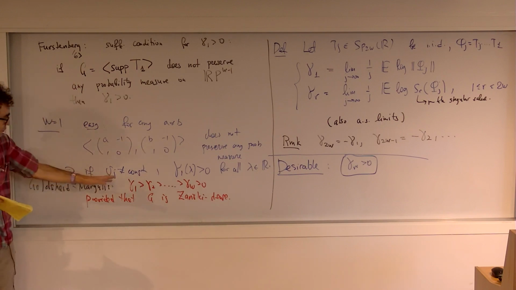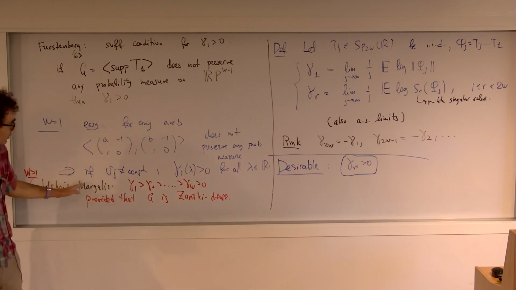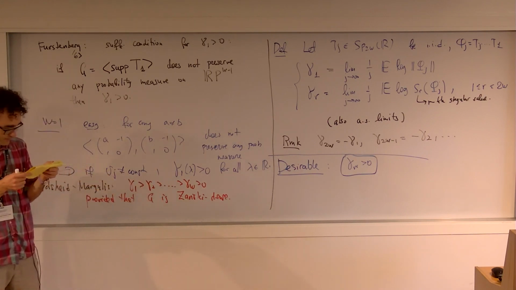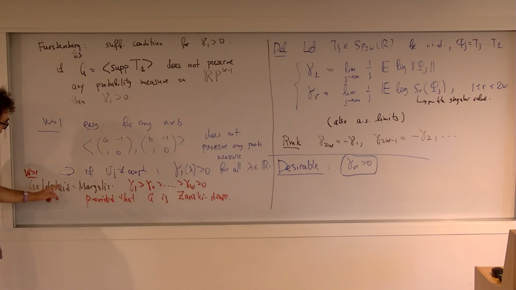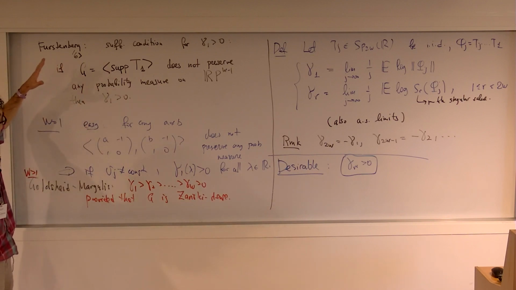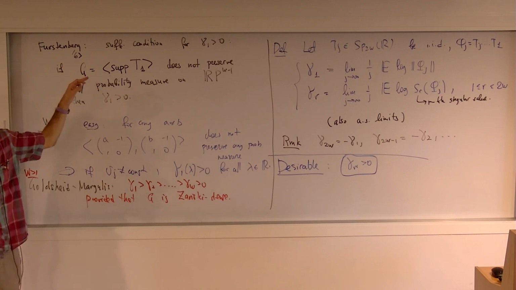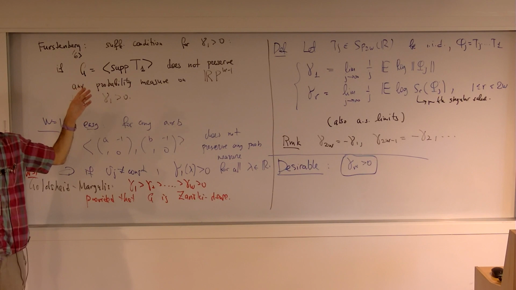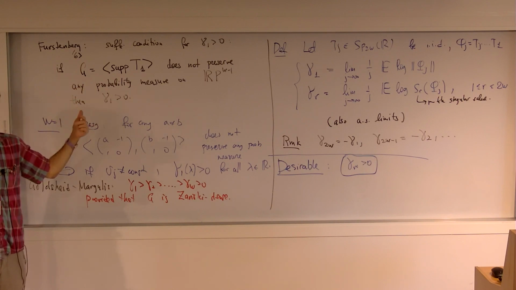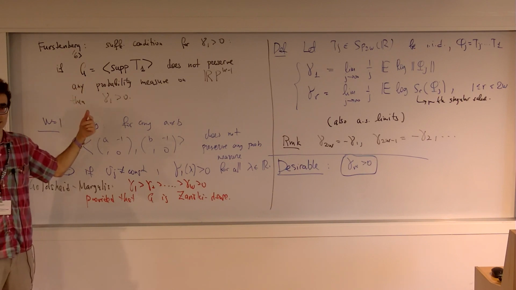Once you ensure this doesn't happen, all the Lyapunov exponents are different. Now one can ask whether these are consistent, and indeed it's an easy, instructive exercise to check that if G does preserve a probability measure, then it is not Zariski dense.